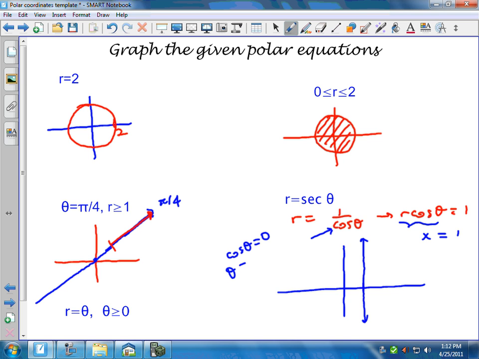Cosine theta is 0 when theta equals pi over 2. Where else? 3 pi over 2. So every time you go around, add another pi or subtract another pi, cosine theta will be 0. So it has infinite discontinuities. Every time theta reaches that value, there's going to be a lot of little open circles along that line. But roughly speaking, the points are going to be along x equals 1.